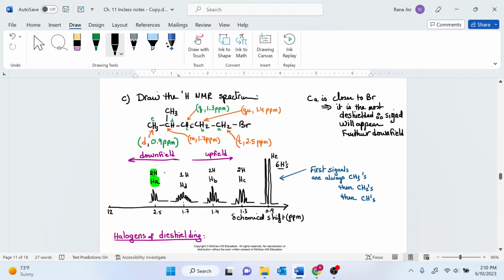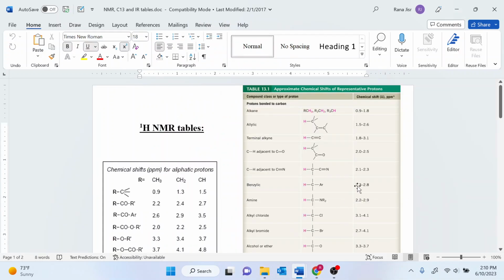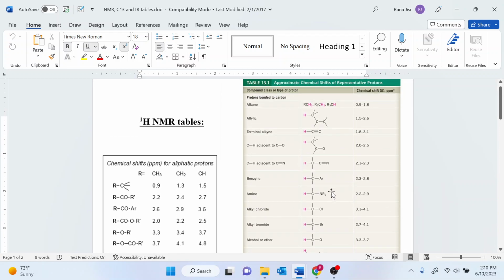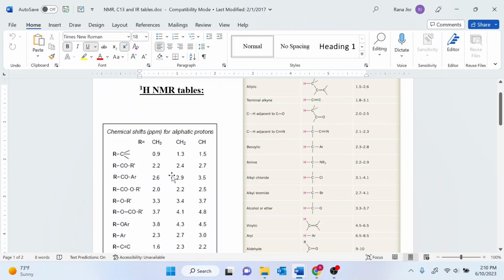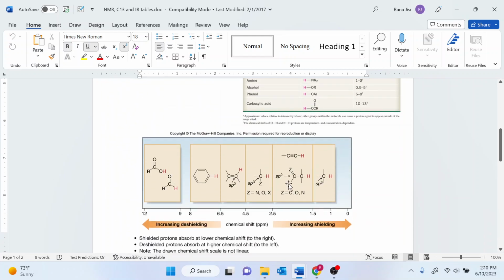Let's go ahead and draw the proton NMR spectra of this molecule over here. There is on eCampus the proton NMR table. In the proton NMR table, you have 2 tables in there. This is the first one, and this is the second one, and actually there's 3 tables.